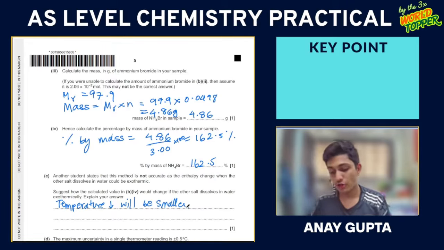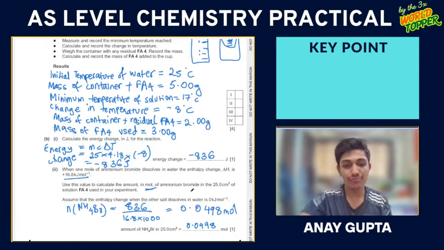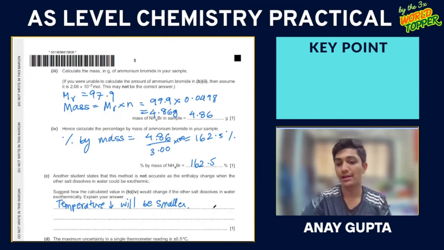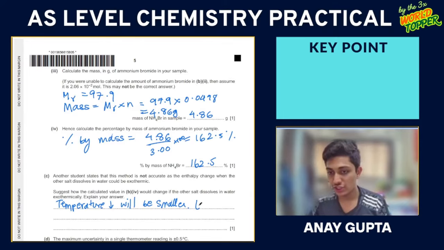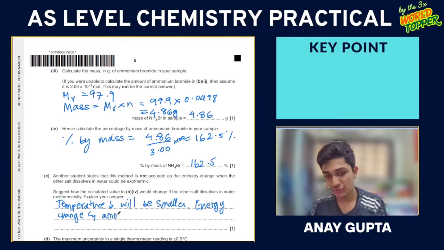So if I have a smaller temperature decrease, then all of my calculated values here, my energy change and my moles or amount of NH4Br will be smaller.